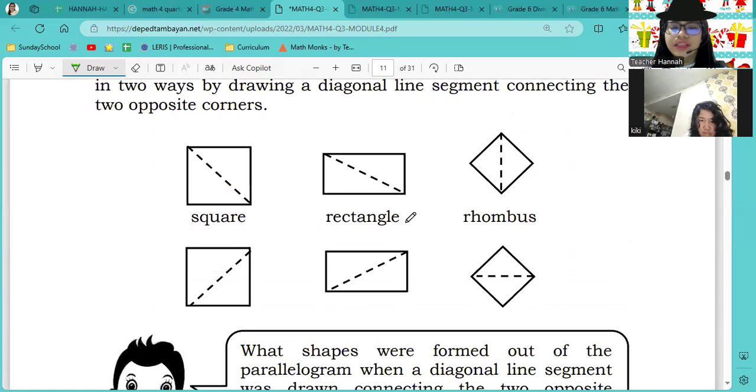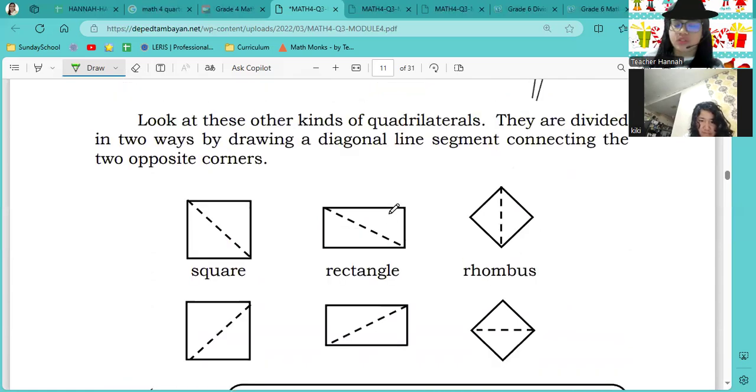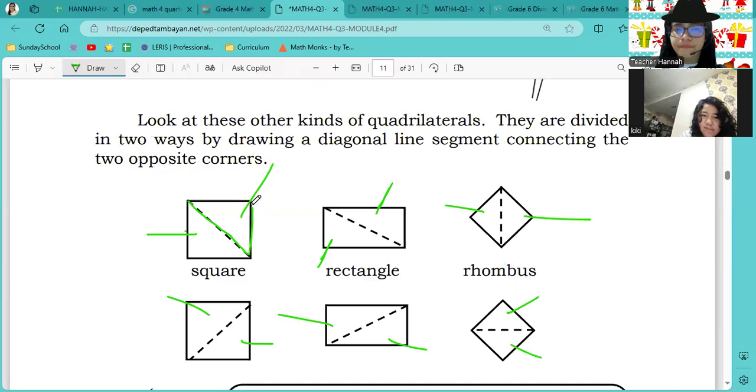Oh, look at this. Whenever we draw a diagonal line in it, we always see two shapes. One kind of shape, but two of them. What shape is this? Triangle. Okay, so you can always see triangles.